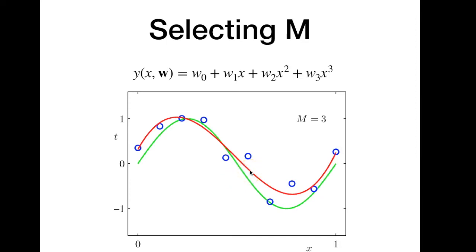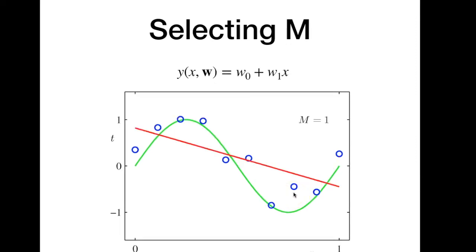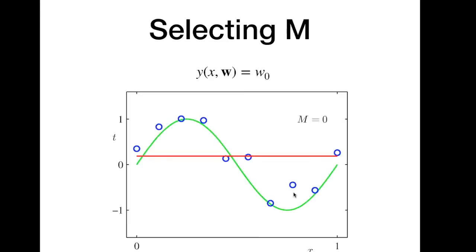Your red curve is the regression function, which is a polynomial of third order in this case, and your green one is the underlying data generation process. Even though there are some errors on the training data by using the red curve, these errors will be less than the errors computed by the linear curve or the constant function.